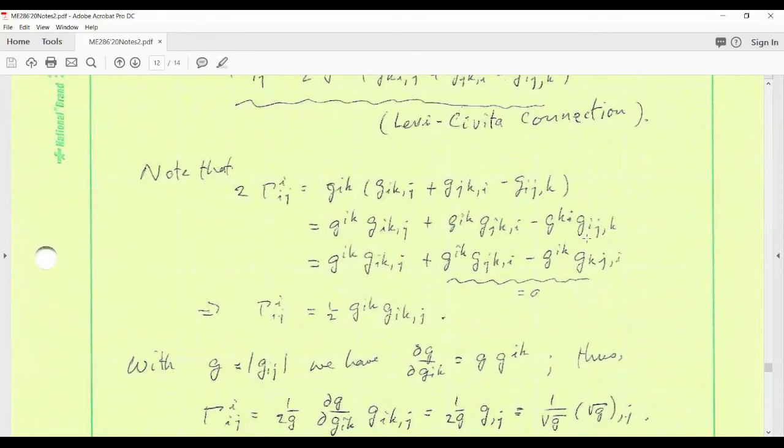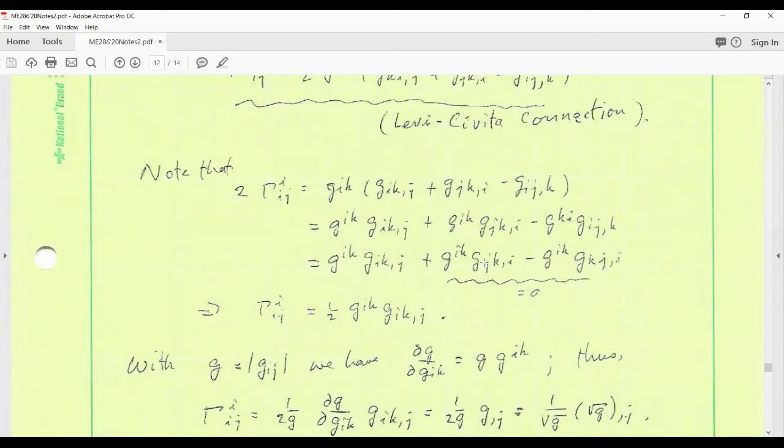We can relabel these summation indices as we please. For example, I could rename k, I could call it i, which means I have to replace k by i consistently. I could rename i, I could call it k, and then replace i by k consistently. And then I notice that this term is exactly the same as this, and so they cancel each other.